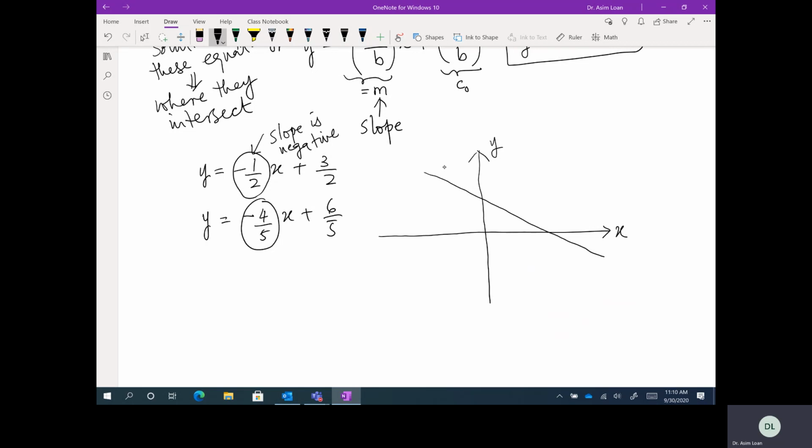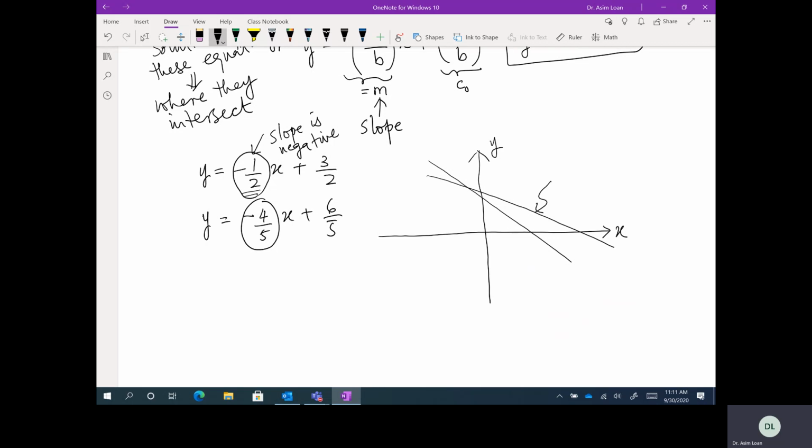So maybe these will be like this. The slope is half, so let me redraw it. Slope is half means it's like this. And when the slope is minus 4 by 5, it's like this. So this slope is 0.5, this slope is 0.8, and obviously the slope is more than this one.